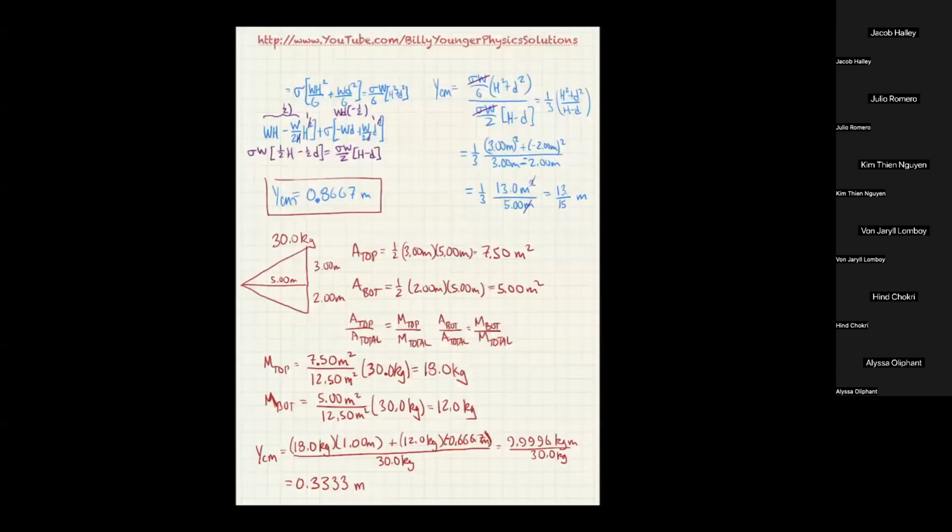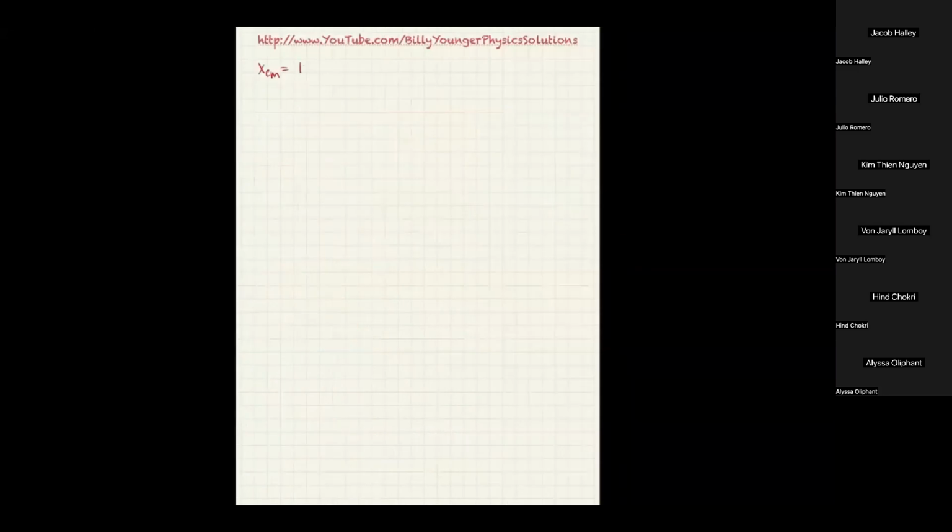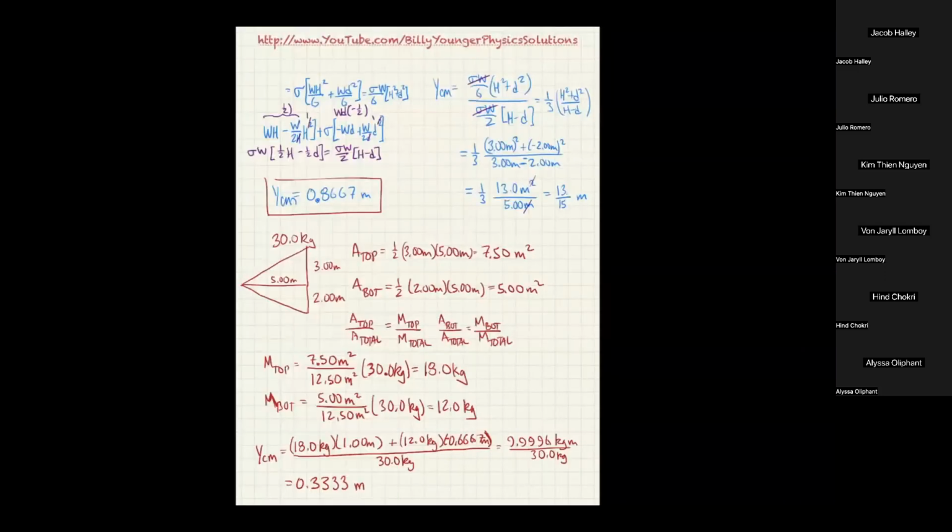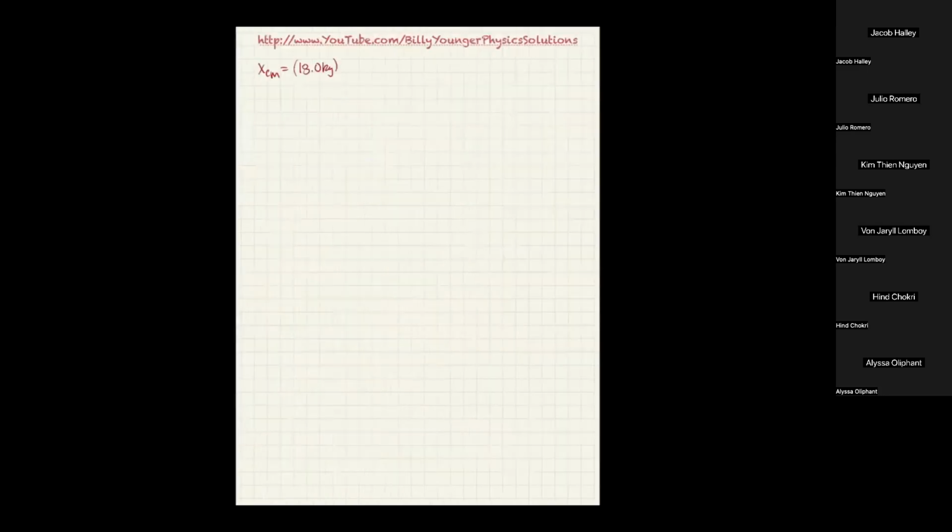The x center of mass is equal to, again, we have an 18 kilogram mass. Now the x center of mass for that one, which was the top, would be 2/3 of the 5. And 2/3 of the 5, like I said, is 10/3, which is 3.333.